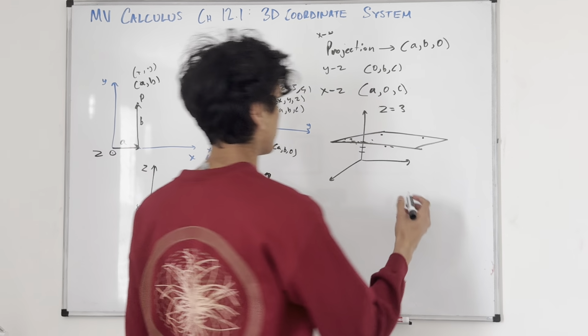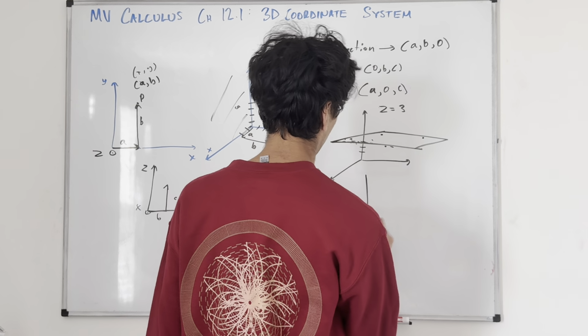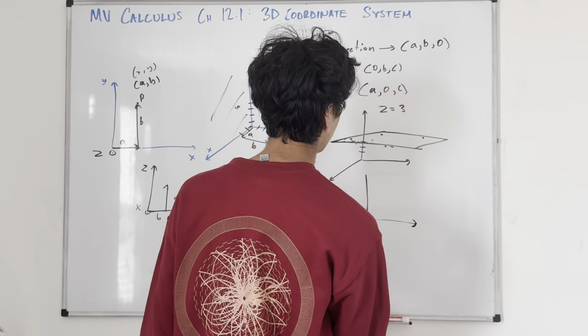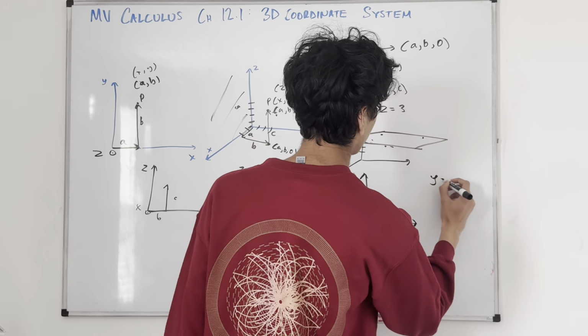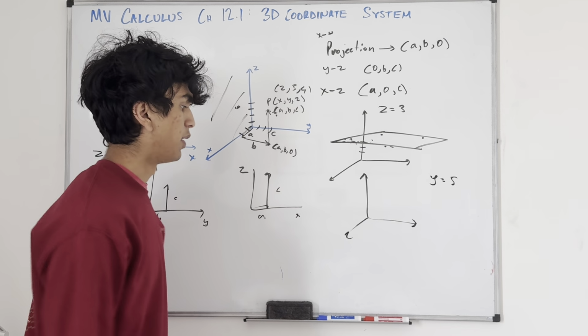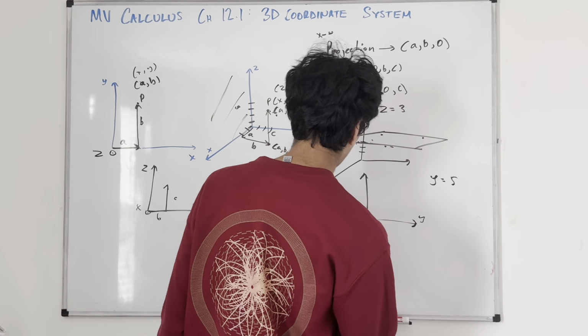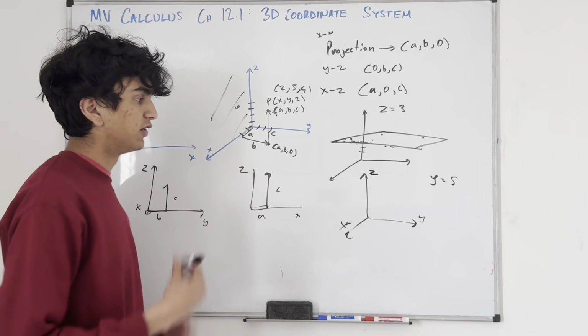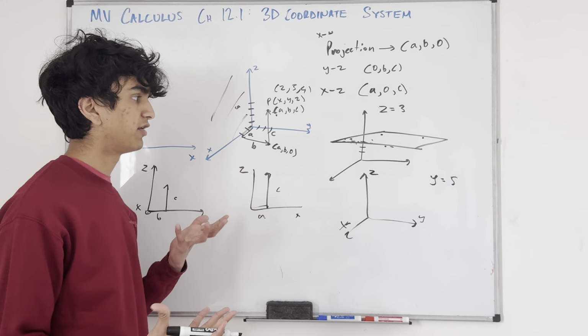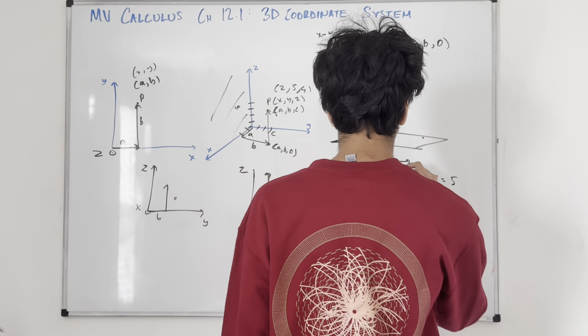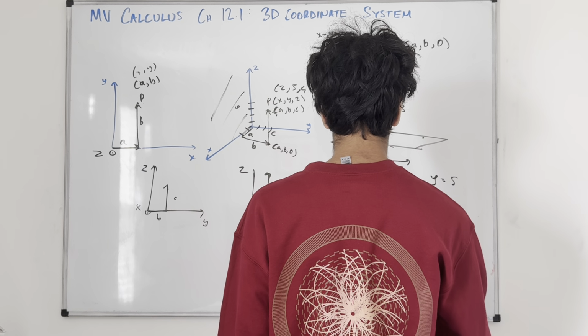Same thing for something like y equals 5. Remember this is x, y, z. It's just all points that have a y value of 5. It's independent of the other variables.